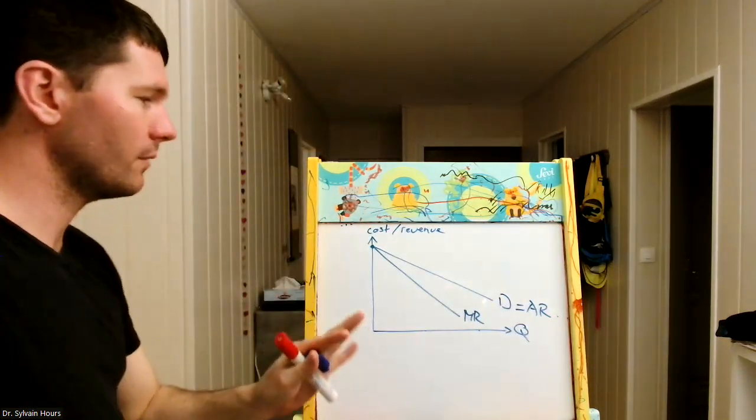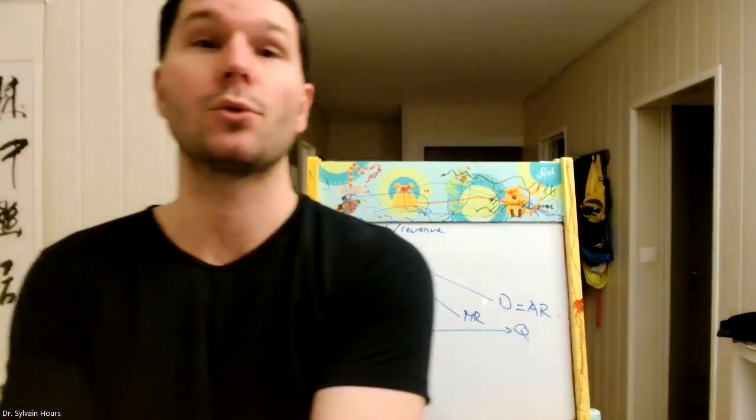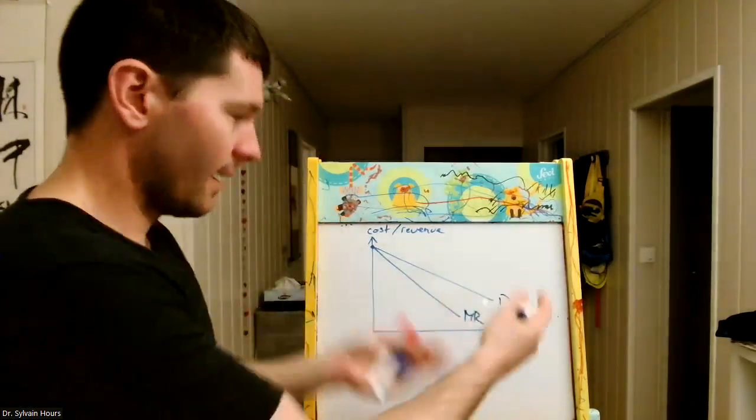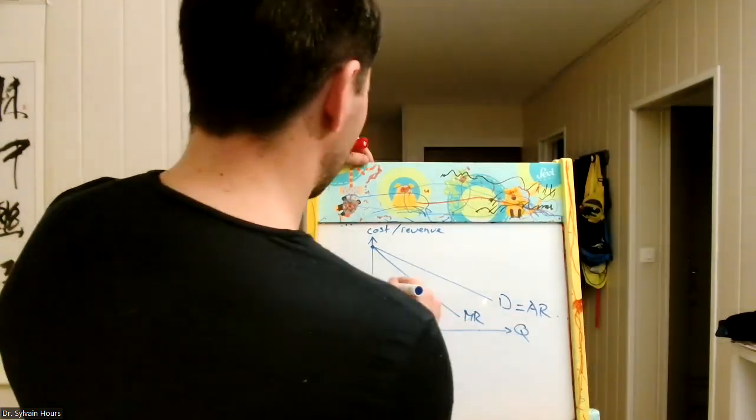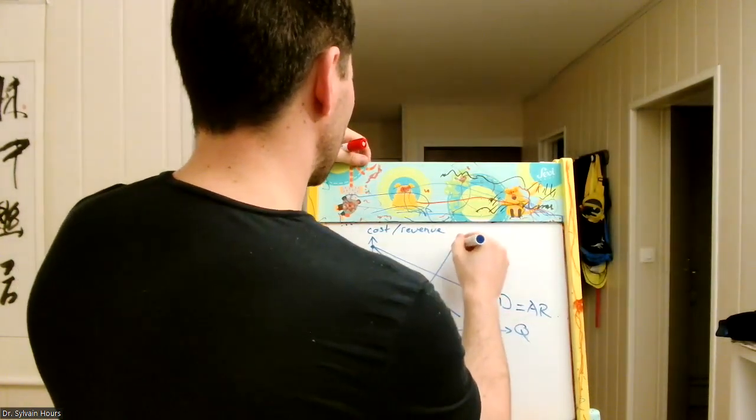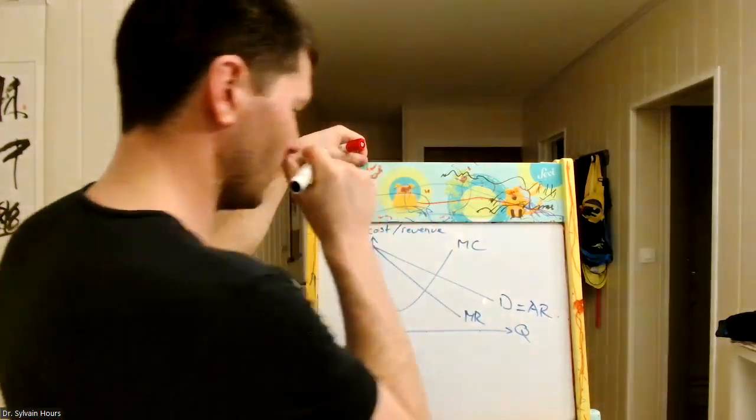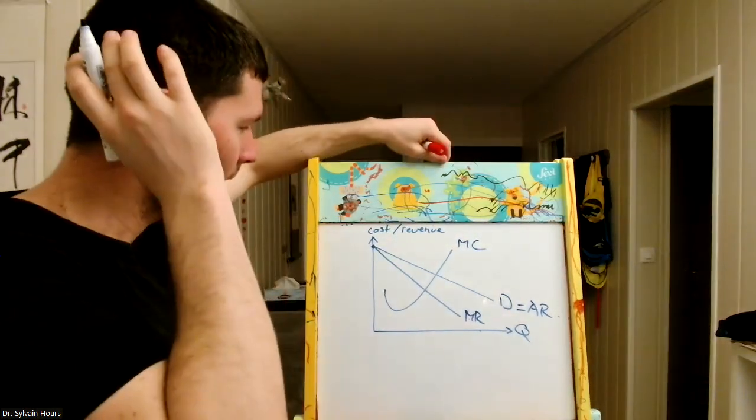So we have the revenue curves, and again, just like in perfect competition, profit is maximized where MC is equal to MR. I have MR, I don't have MC. Let's do it. MC, you just do this swoosh shape. That's the marginal cost of production.